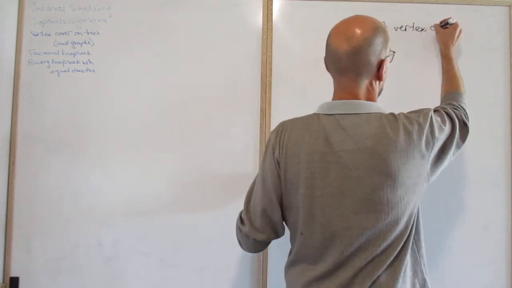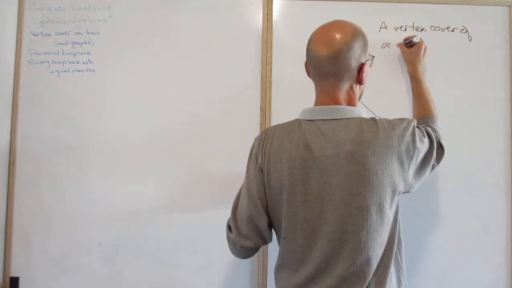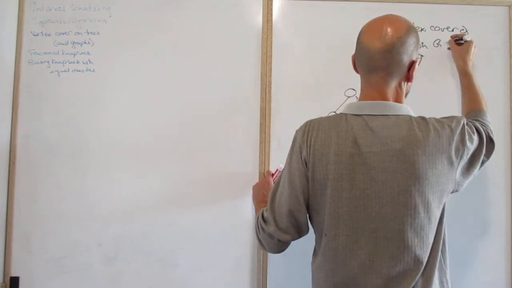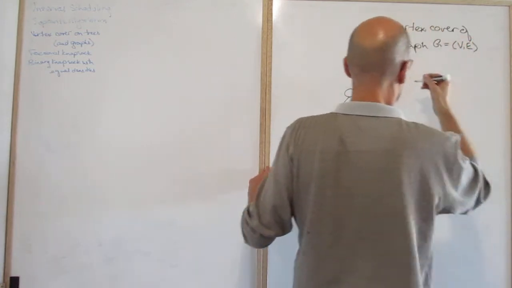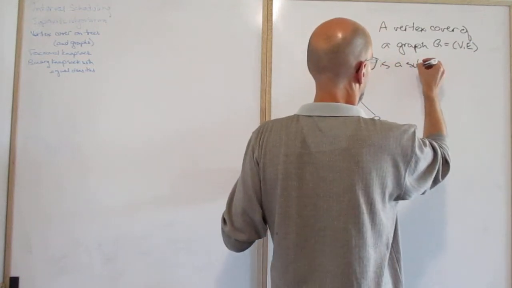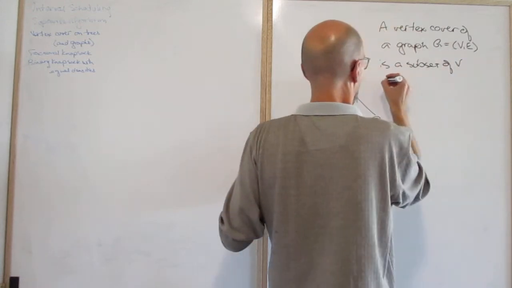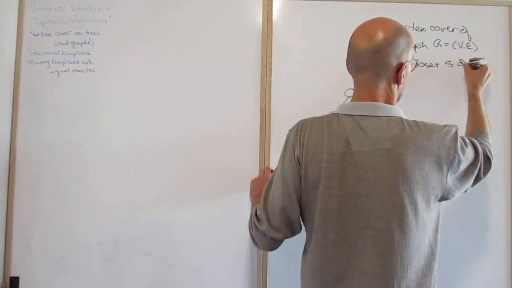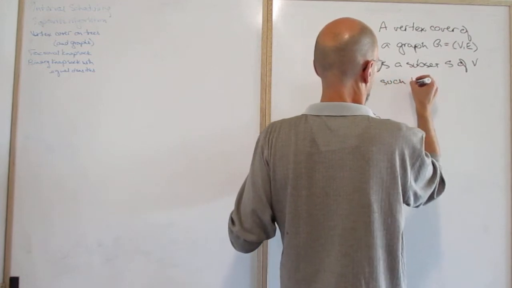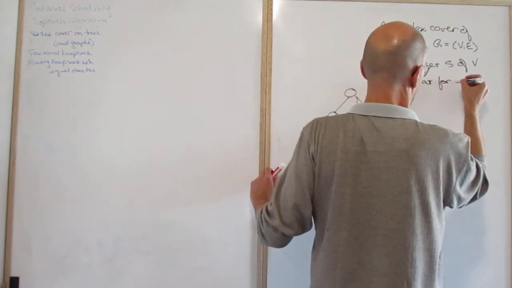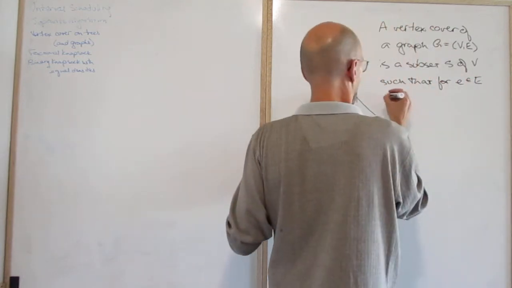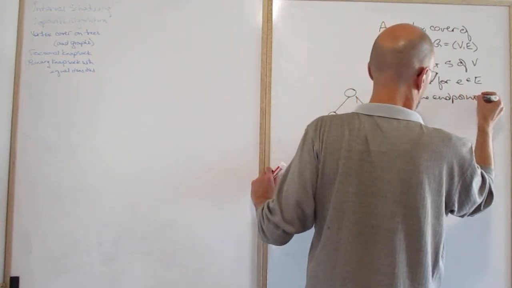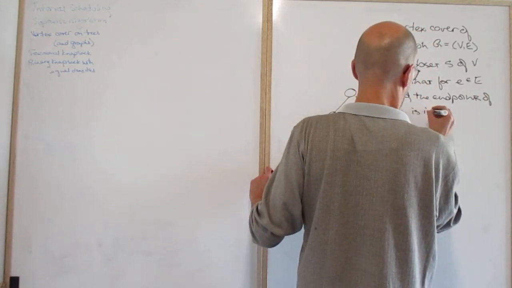A vertex cover of a graph G, where G equals the pair of the vertex set V and the edge set E, is a subset, let's say S, a subset S of V, such that for every edge in the edge set, one of the endpoints of the edge is in S. Okay?